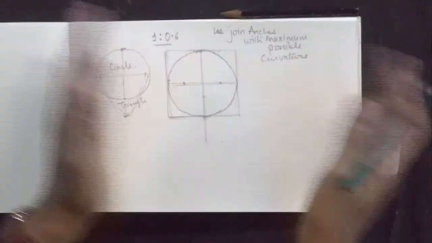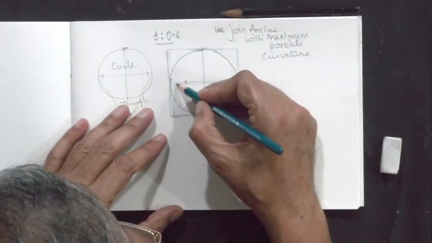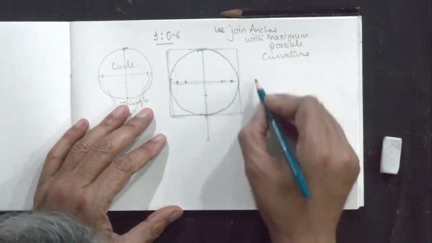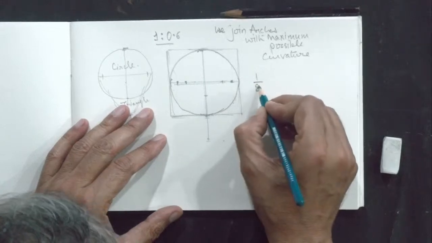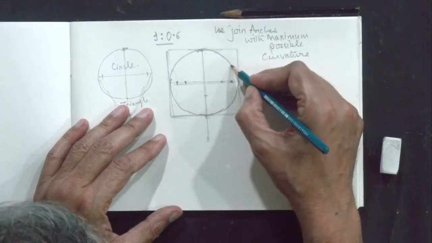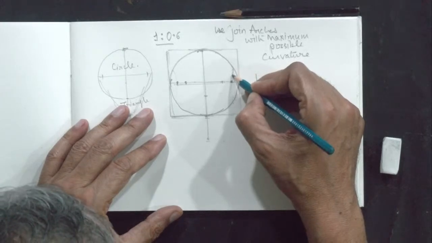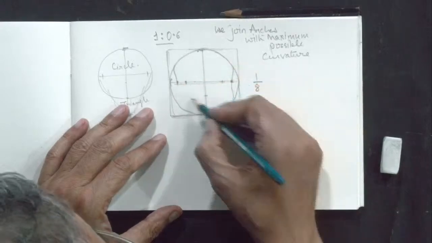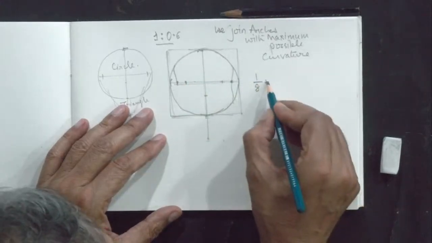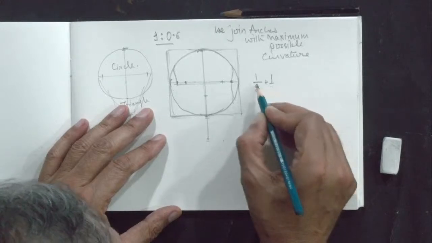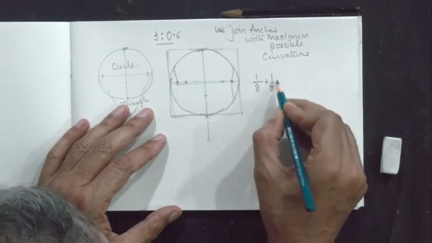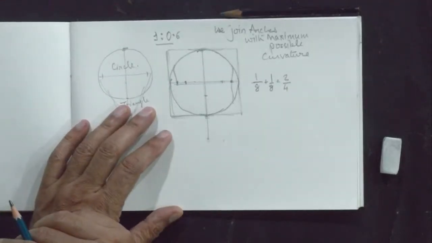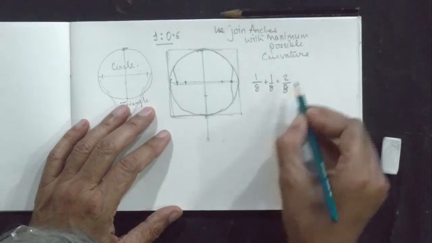And on the peripheral, outer side, again divide it into two parts. So we have got 1 upon 8 here, which we chip off, we cut off. So 1 upon 8 plus 1 upon 8 makes it 2 upon 8, 1 upon 4.